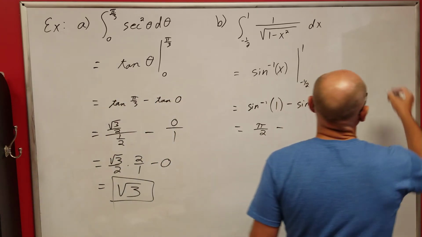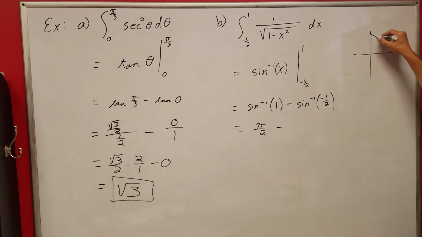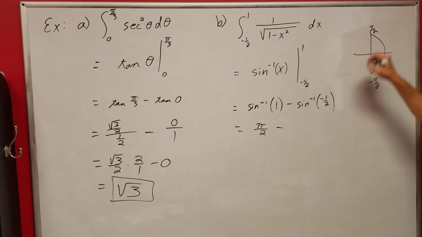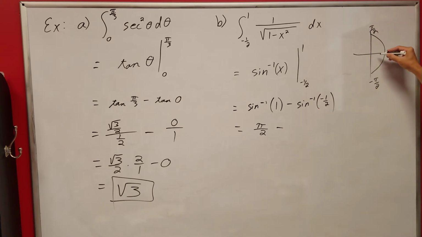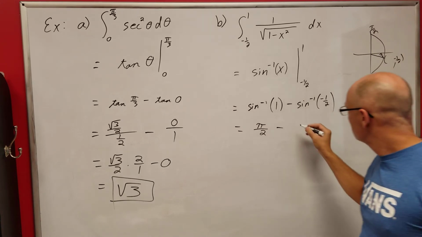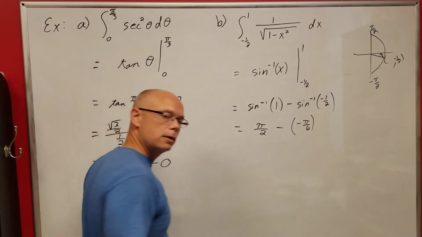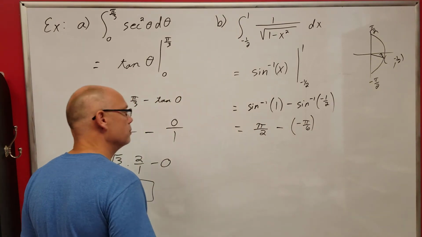Where's the angle on the unit circle between -pi/2 and pi/2 whose sine value is 1/2? Wouldn't that be over here at -pi/6? Yeah. So this will be -pi/6, the inverse sine of -1/2.